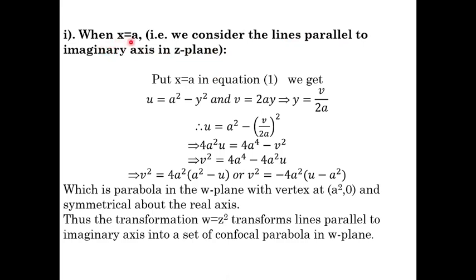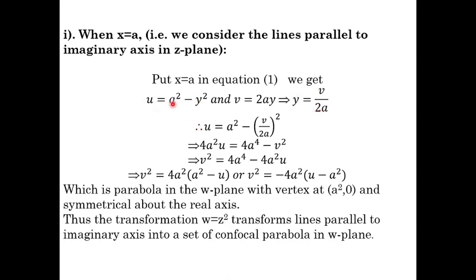Now, when x = a, put x = a in equation 1. We get u = a² - y² and v = 2ay. That is, y = v/2a. Now from this and this we eliminate y. Therefore substitute y = v/2a.